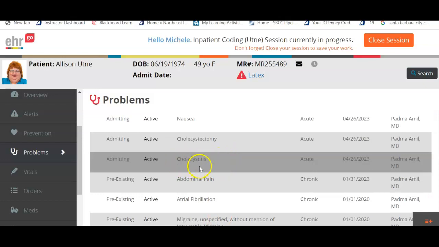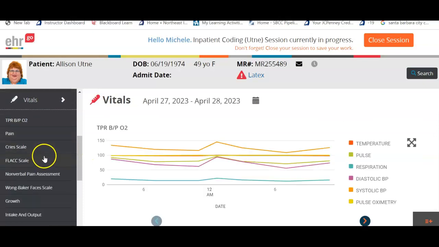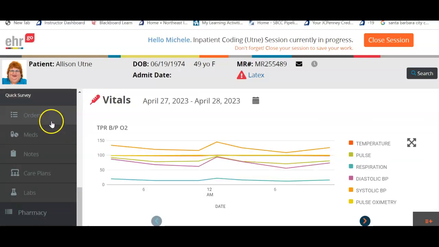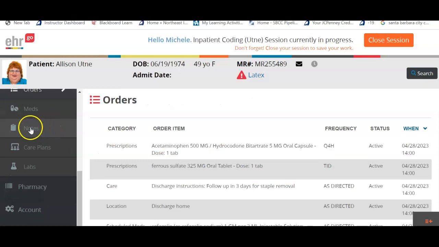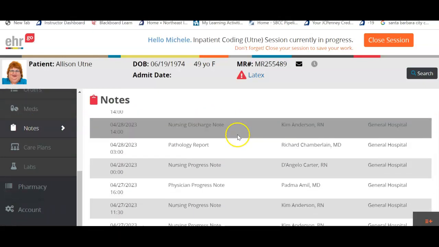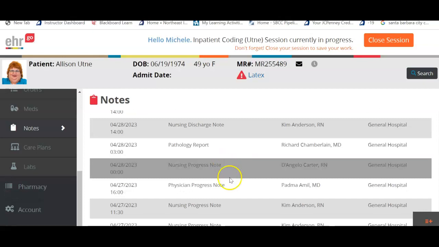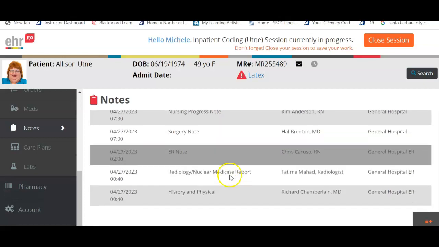Especially since they're coming in for cholecystitis. Then we have the vitals. What you're going to be focusing on is pretty much the notes for this assignment. She has quite a few different notes: discharge, nursing discharge, pathology, nursing progress notes, physician, as we go down.